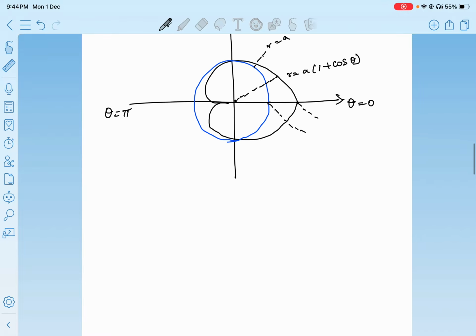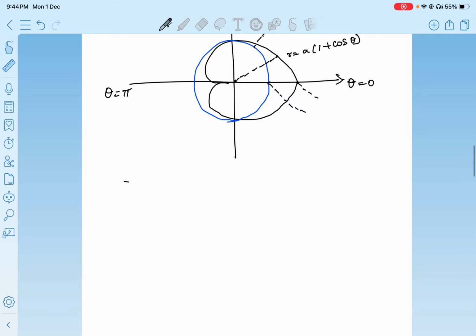So let us find the values using the table.